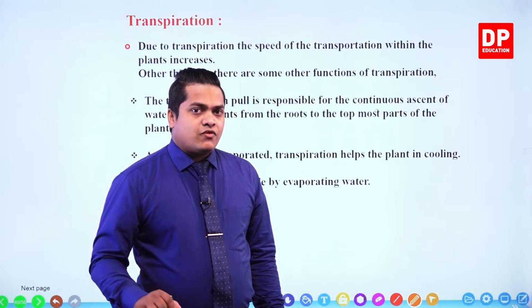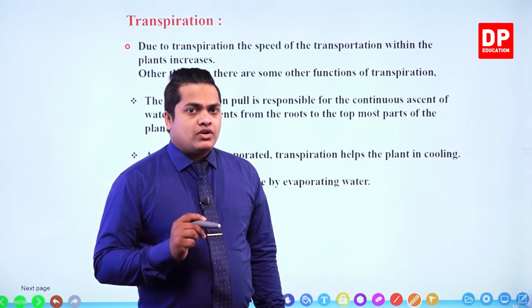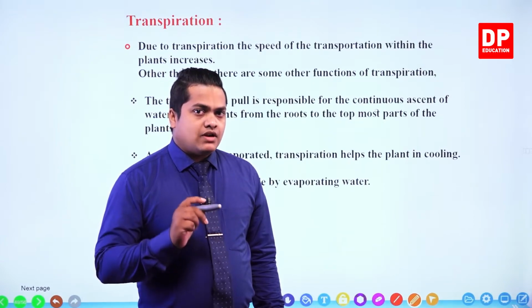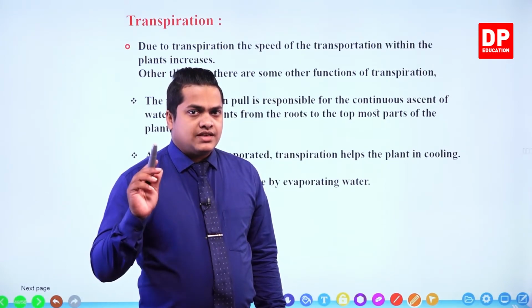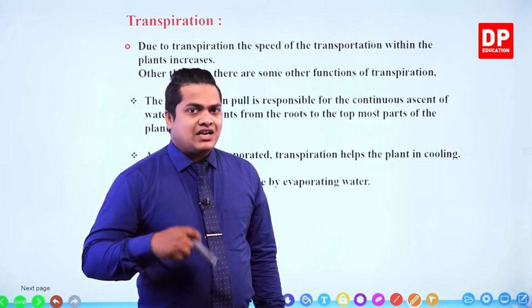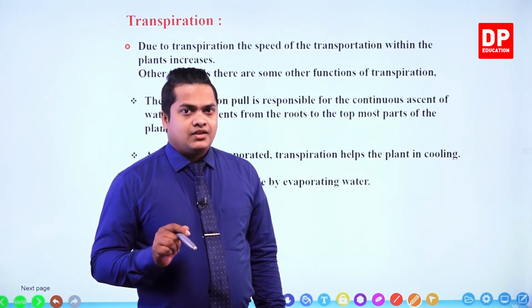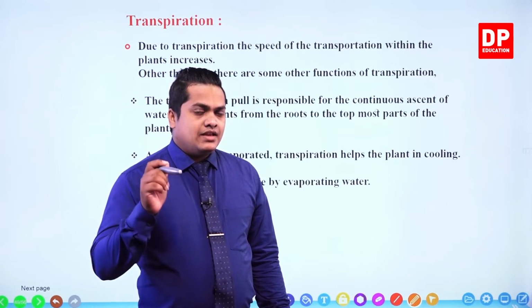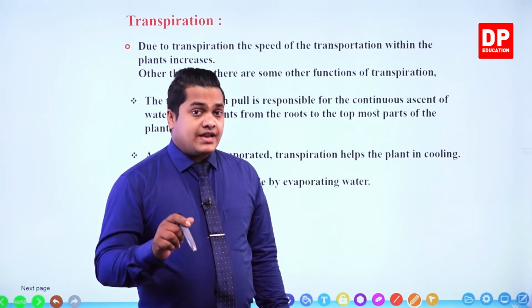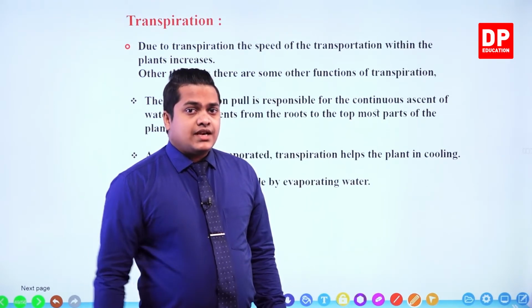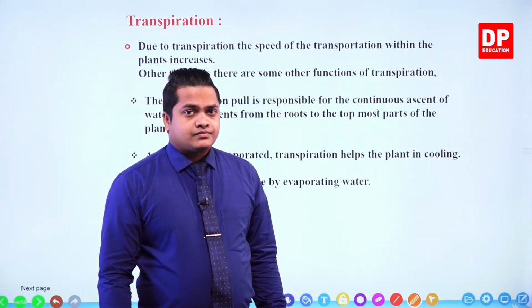Once again, from the soil, the plant root absorbs water, and again through transpiration, water is expelled. So it's like a cyclic process, and it helps to maintain the water cycle in our biosphere.